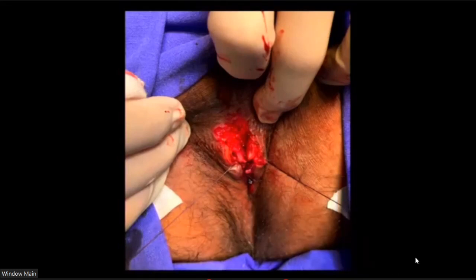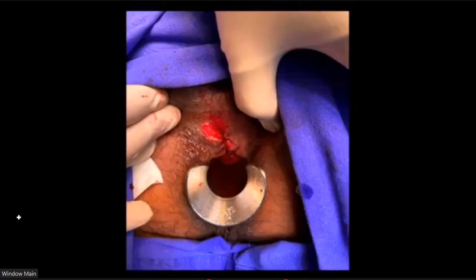So I use interrupted YQ20 with the UR6 needle. Okay, like this. You can see this. I will cut the stitch out at 2 weeks, but this stitch I cut out at 4 weeks.